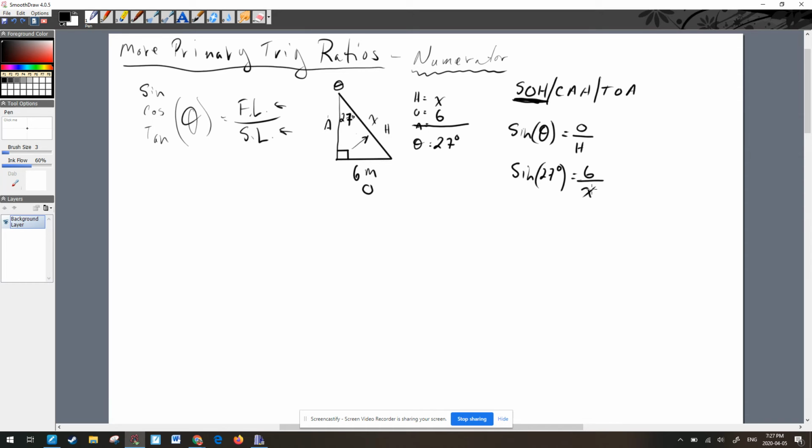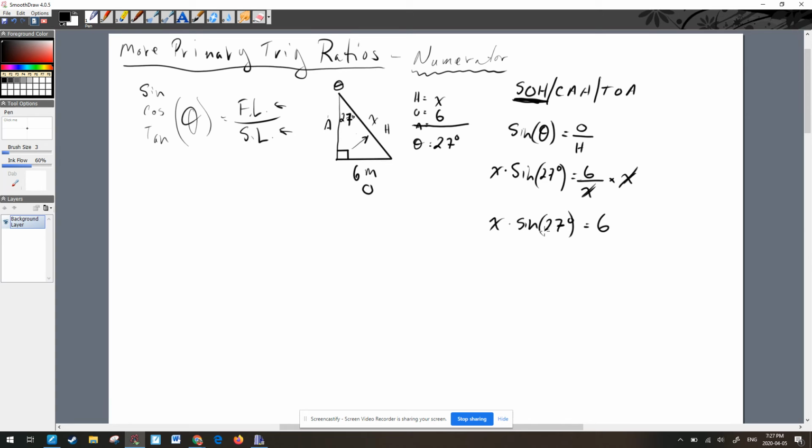So x is in the denominator, and I don't want it there. So I'm going to start by multiplying both sides by x. Over here, the x and the x divide out to become 1. So on this side, I'm left with 6, and on this side, I have x times the sine of 27 degrees.